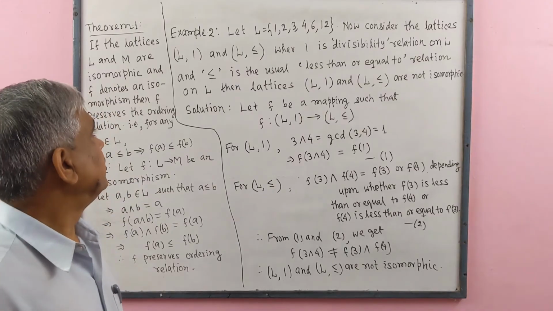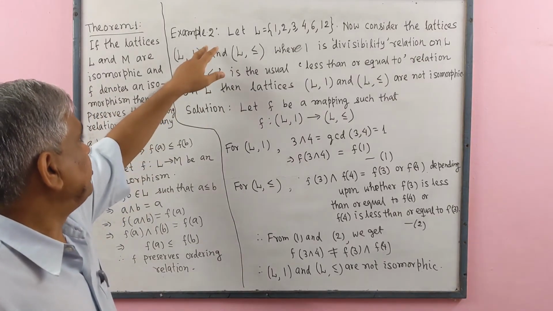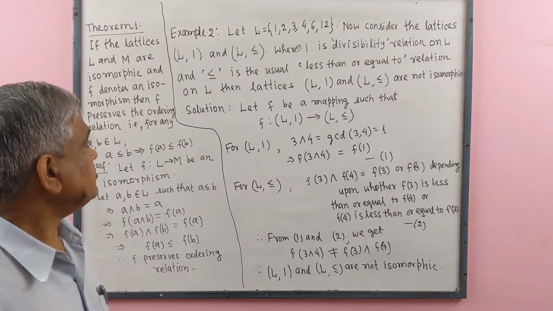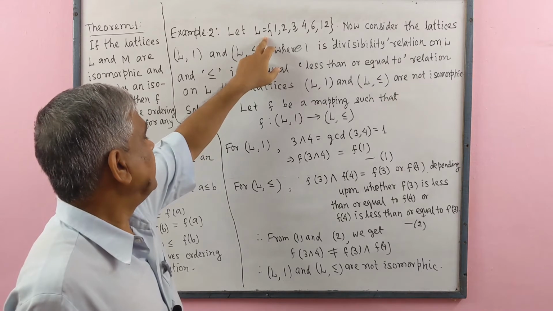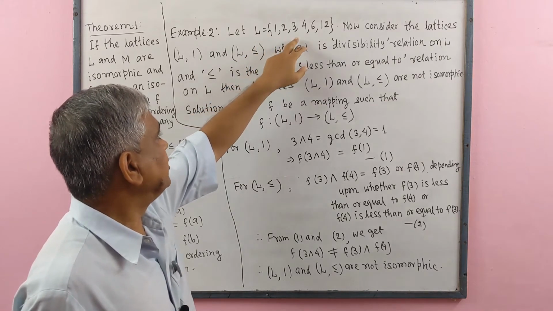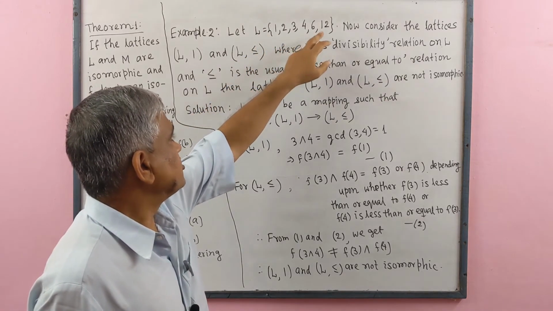Now we describe example 2. Let L be a set containing elements 1, 2, 3, 4, 6, 12.